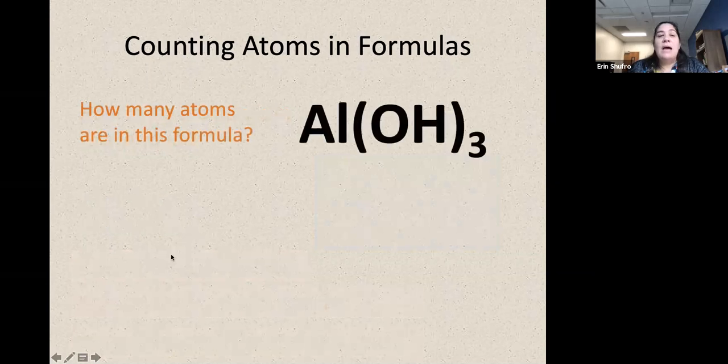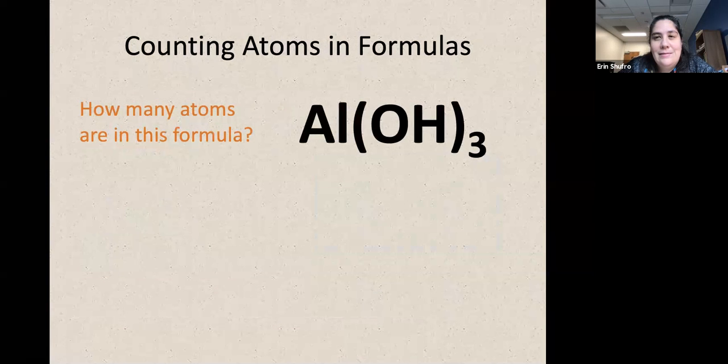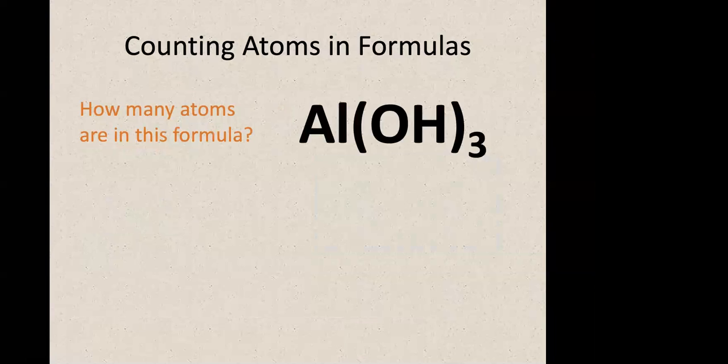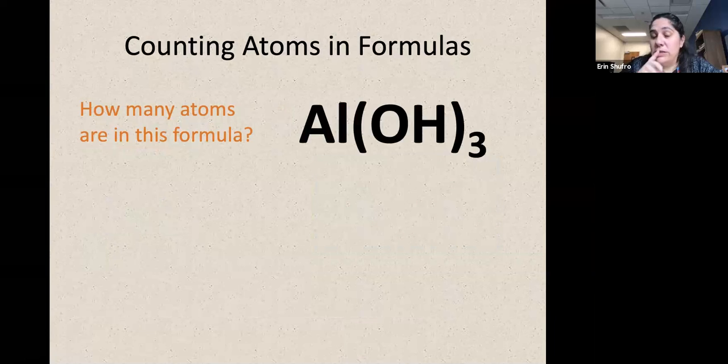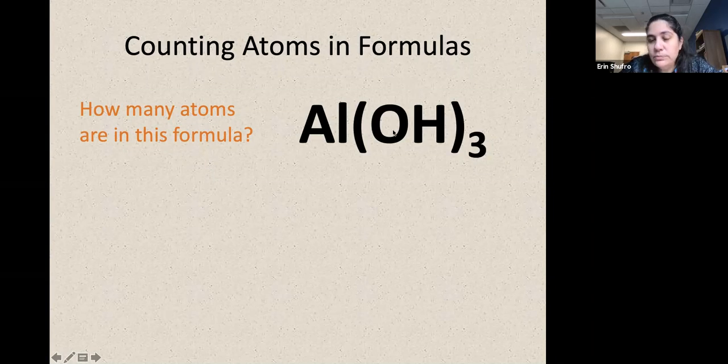All right, how many atoms are in this formula? Seven. Yep, you're exactly right. Remember, we talked about this when we talked about ionic compounds. The parentheses indicate that you have 3 of the hydroxide group, so you have 3 of that whole thing.